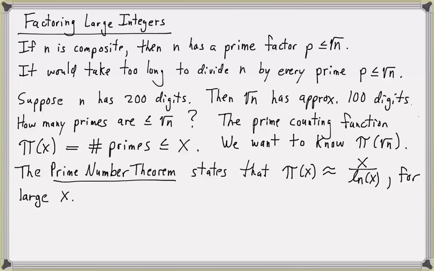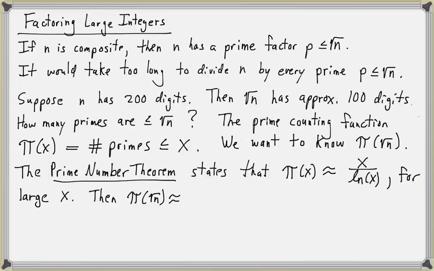So by using the prime number theorem, we can approximate the number of primes less than or equal to square root of n.